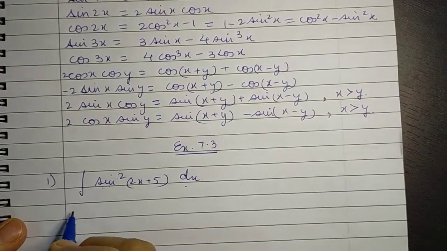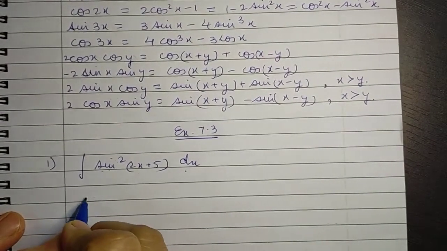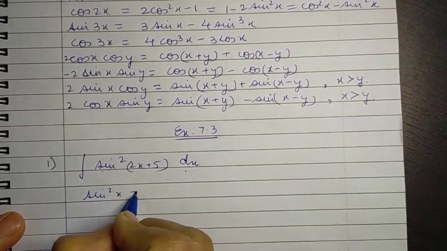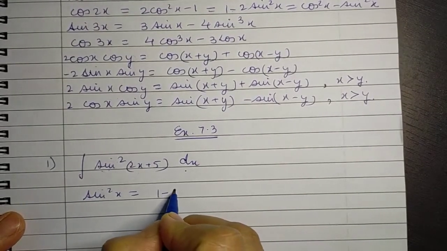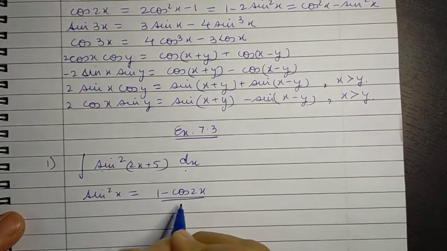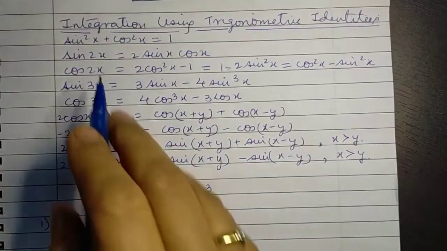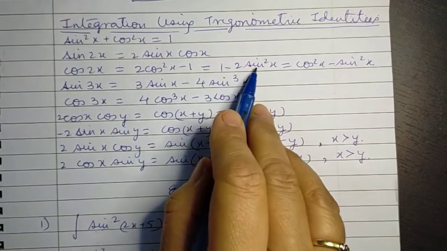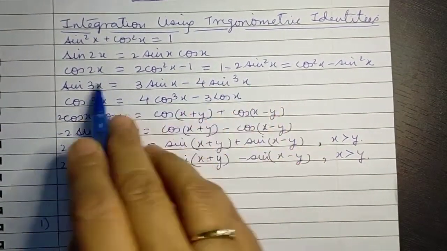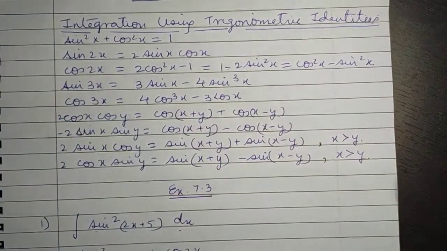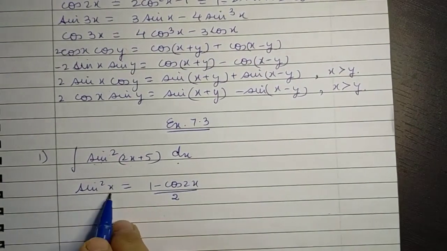Now we know that sine squared x is equal to (1 minus cos 2x) upon 2, using the result cos 2x is 1 minus 2 sine squared x. So sine squared x becomes (1 minus cos 2x) upon 2.